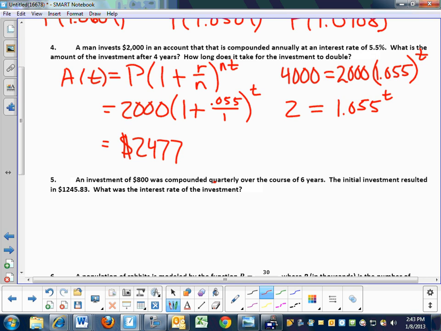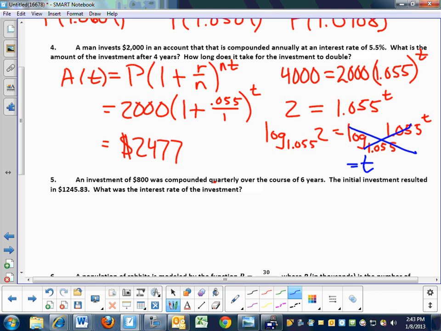How do I get at the exponent? What do I do to both sides? Take the log base 1.055 of both sides. We're going to use that stuff that we've learned earlier. The right-hand side, what am I left with on the right? t.